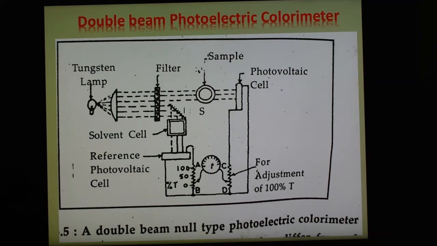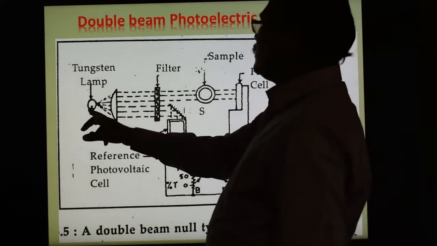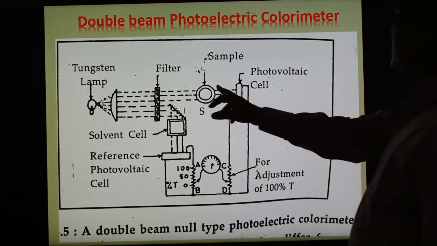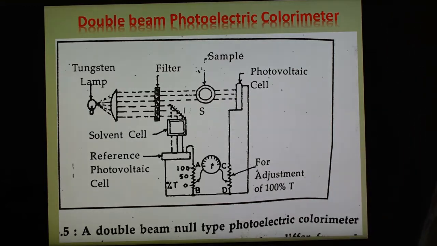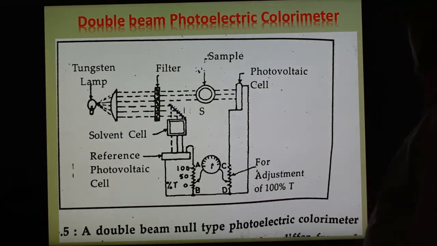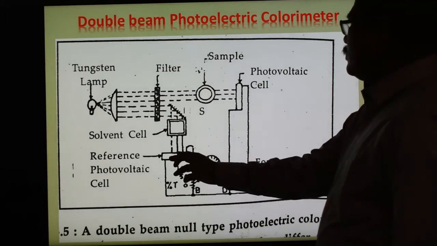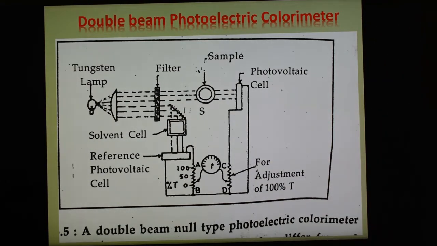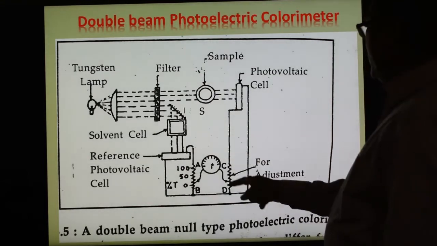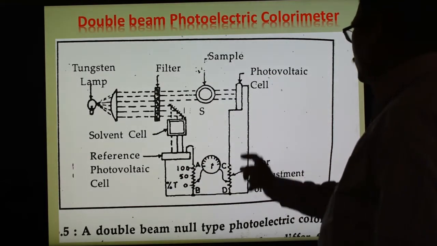So here again is the block diagram for the double beam photoelectric colorimeter. The source is here, a tungsten lamp, the slit is here, filters are here, and after that we have to put the samples here. First we take the standard solution, and then our sample solution, and the photovoltaic cells are here, and these are also the reference. The beam of radiation after passing through the photovoltaic cells meets here, giving a deflection from this and also from this.